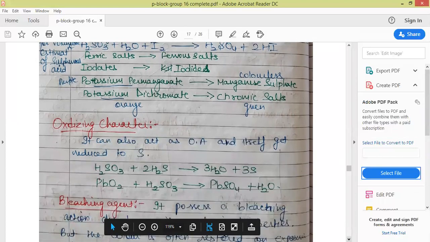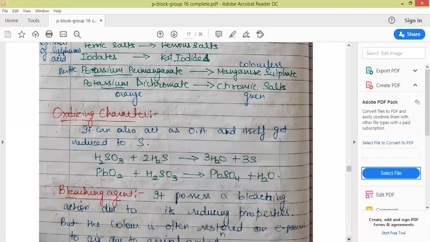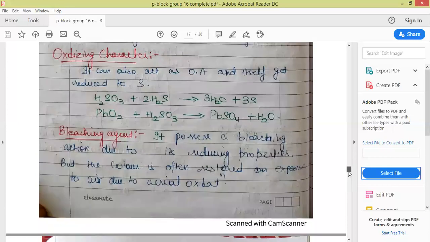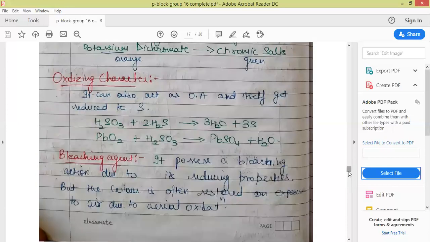Next, it also acts as an oxidizing agent, as here sulfur is in the +4 oxidation state. So there is scope for sulfur to acquire a higher oxidation state as well as a lower oxidation state. So it can act both as an oxidizing and a reducing agent. It acts as an oxidizing agent and reacts with H2S to convert it to sulfur.